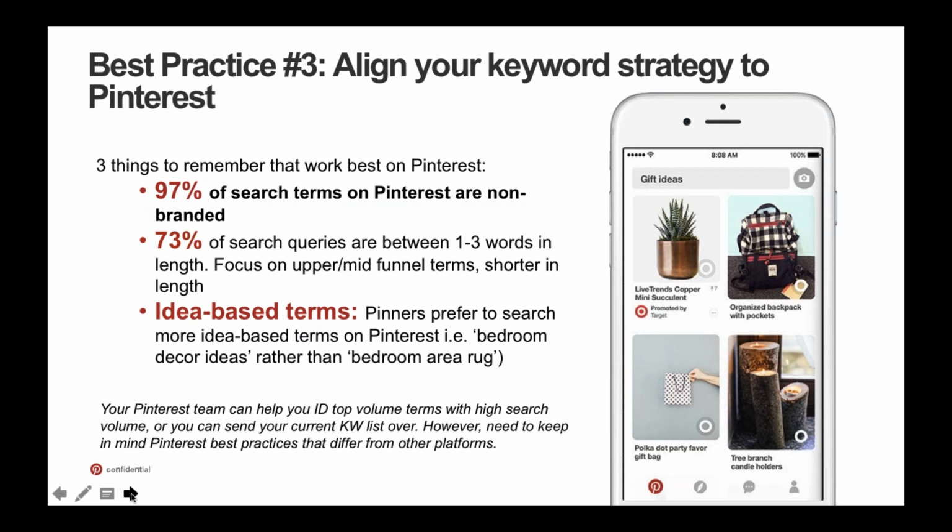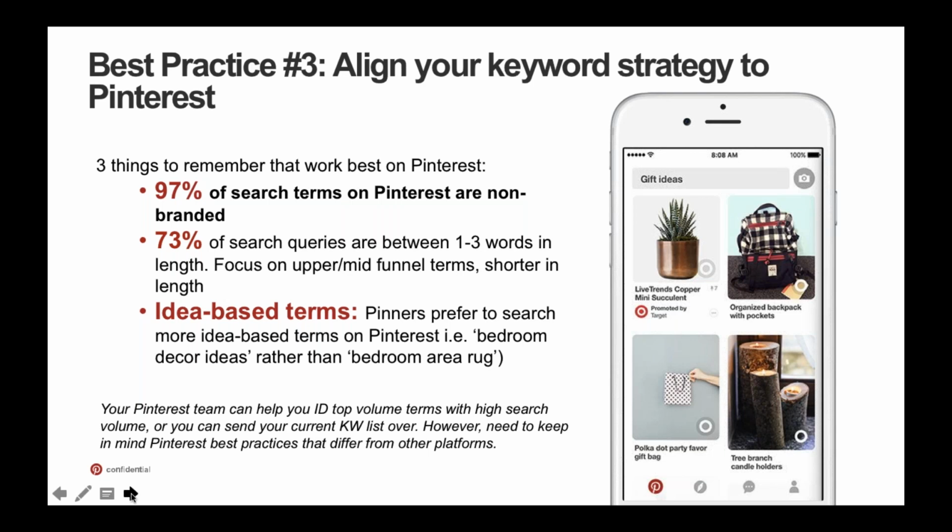Another thing to keep in mind is that 73% of search queries are between 1 to 3 words in length. Really, we encourage everyone to focus on upper to mid-funnel terms. And this can be really scary for traditional search advertisers because typically on traditional search engines, those head terms are not great converters. It's the long tail terms that really convert well in terms of performance.